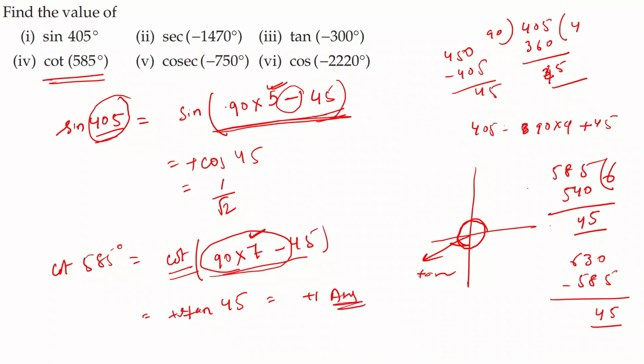One more question from this example itself. So let me show you how to deal with negatives as well. So let's take up this cosec minus 750 degrees. So how to deal with these negatives?